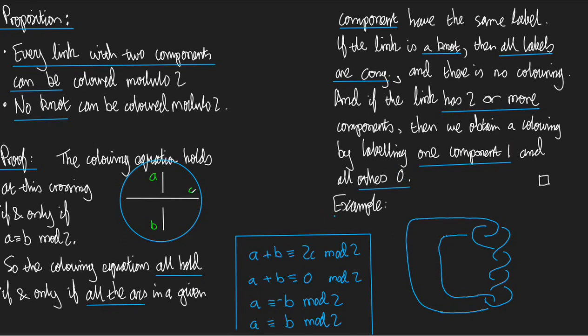Okay, here's an example, just to show you how we colour modulo 2. So this is a link with two components. Let me show you the two components. Here's one of them, and here's the other one.